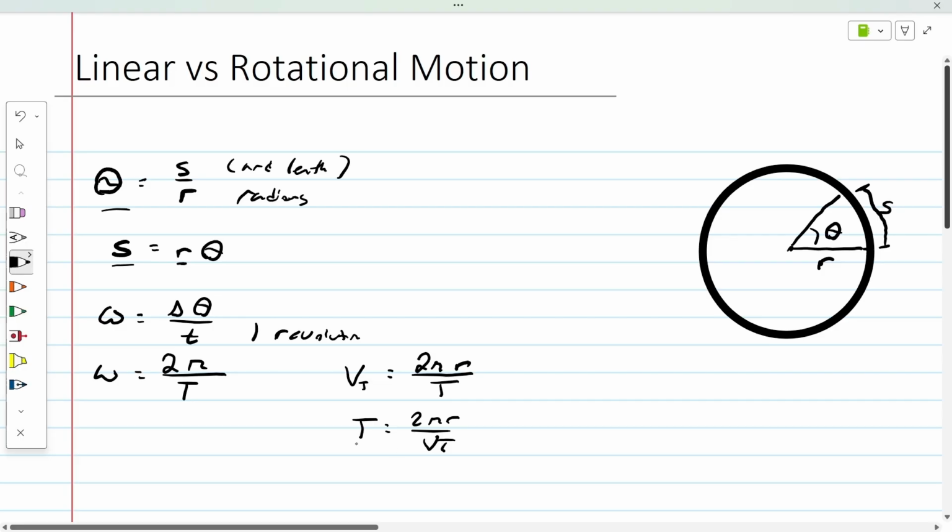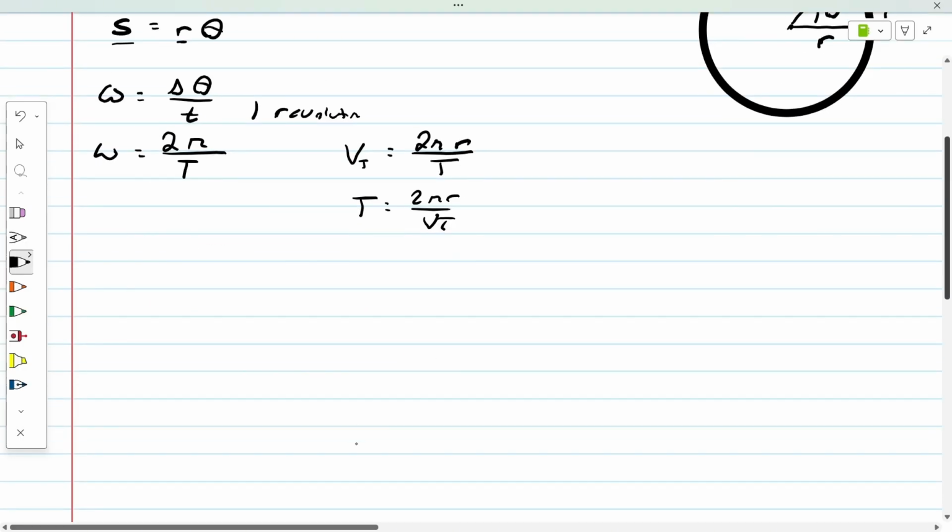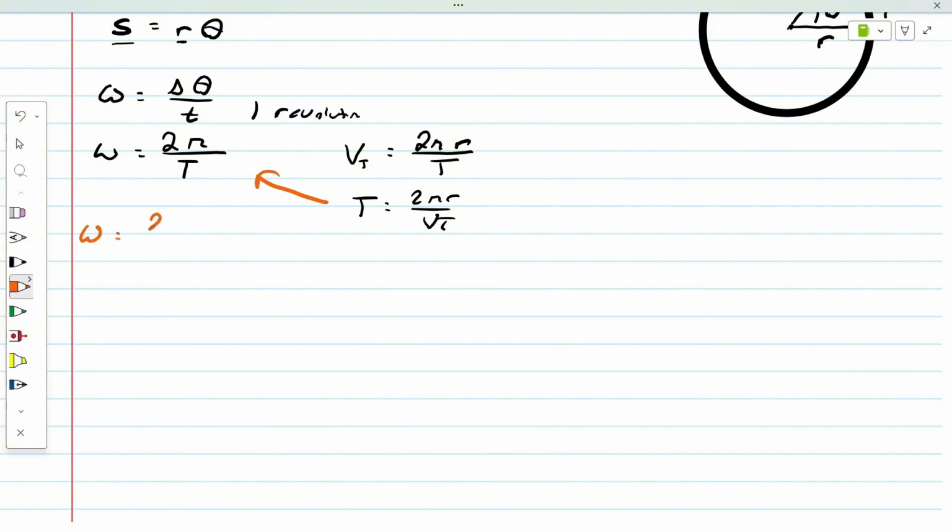Plugging the period in, the angular velocity equals 2 pi divided by 2 pi r over vt.